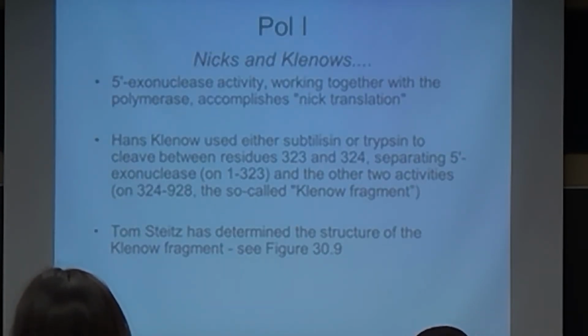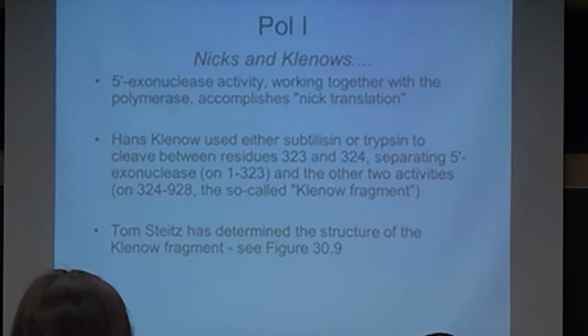Pol1 is a big protein. The 5' exonuclease activity works with the nick translation. There is something called the Klenow fragment of DNA polymerase 1.